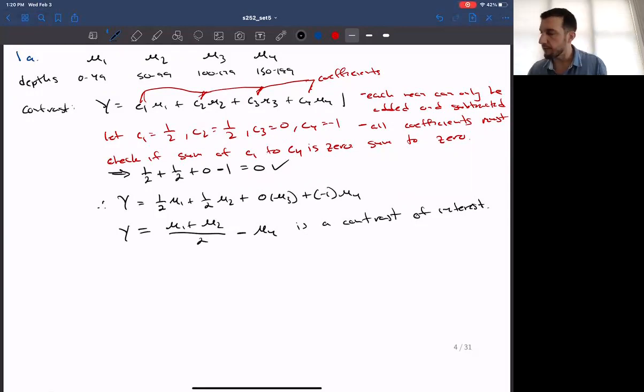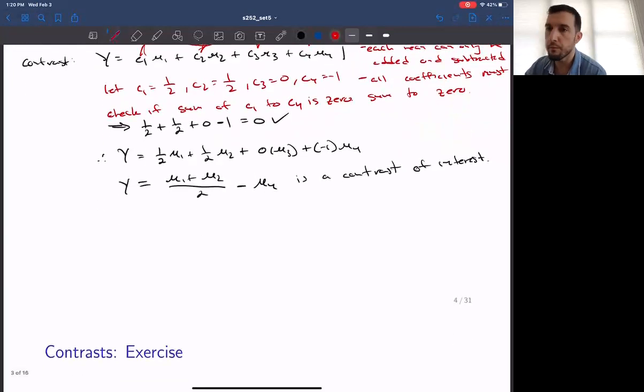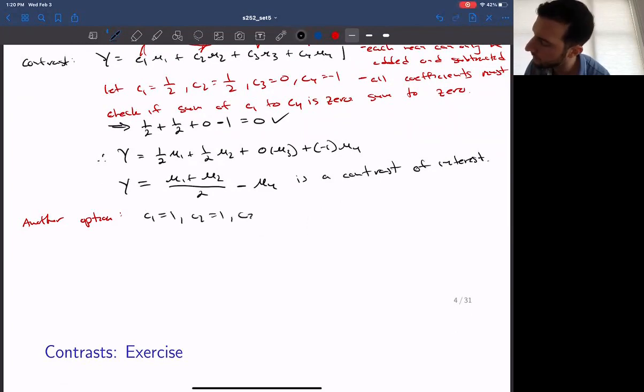We could do this in a different way as well. So some students don't like working with fractions. Okay, so another possibility. Another option would be C1 equals 1, C2 equals 1, C3 equals 0, C4 equals negative 2.